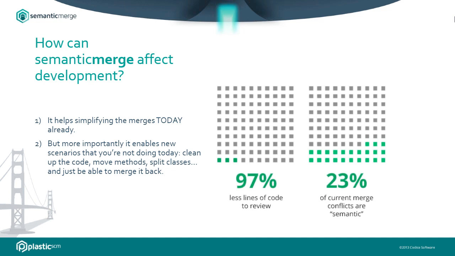You basically get fewer conflicts, as you have seen during the demo, and we also found that even though you try to avoid moving methods around these days, it's still 23% of the conflicts, what we consider semantic. I mean, something has been moved inside the class and it's hard to track for a regular merge tool.